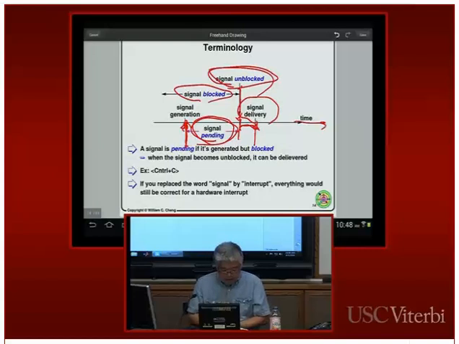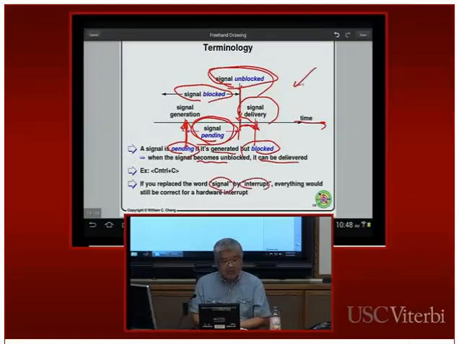We say that the signal is pending when it's generated but being blocked. When the signal becomes unblocked, it can be delivered. And if we replace the word signal by interrupt in this picture, the picture will look exactly the same.